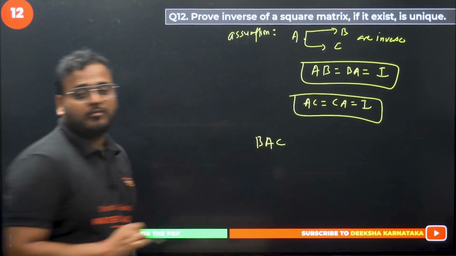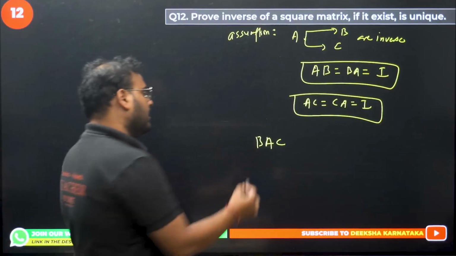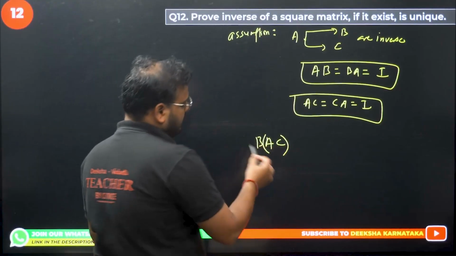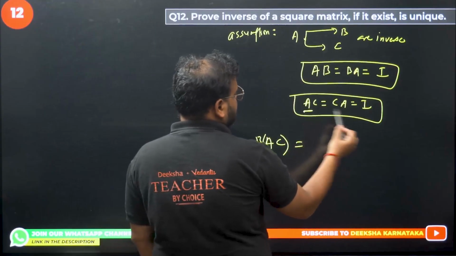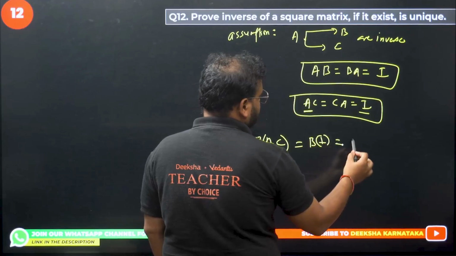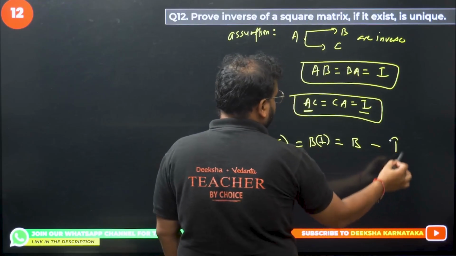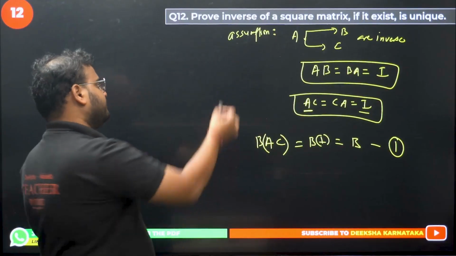I'm taking the product of all three matrices in that order, BAC. I'll club B outside and AC together. What is AC? AC is the same as I, means B times I, which is what? B. Equation number 1. So I prove that BAC equals matrix B.